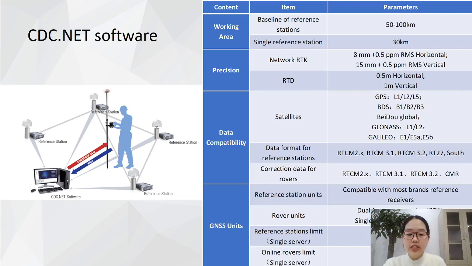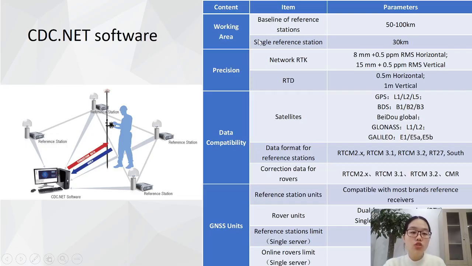And here are listed some parameters of the CDCnet software. Firstly is working area. The baseline of reference stations, which means the distance between two reference stations, we recommend is 50 to 100 kilometers. This can give a good performance for the VRS service.